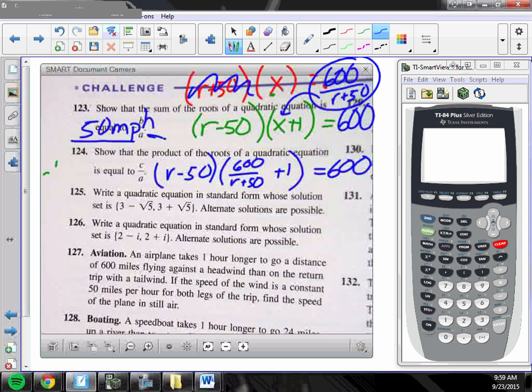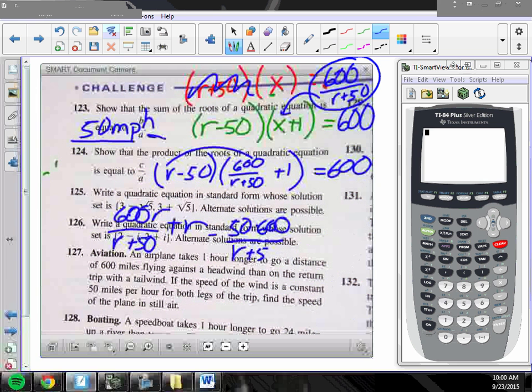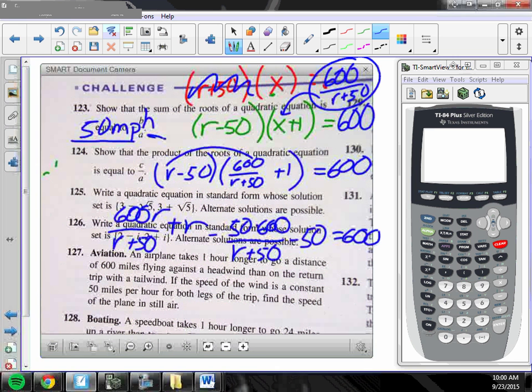Ooh. It is nice, isn't it? Well, I guess we'll do it. So multiply that in. 600R over R plus 50 plus R minus 50 times 600 over R plus 50 minus 50 equals 600.